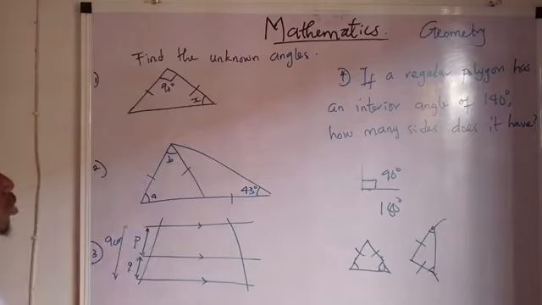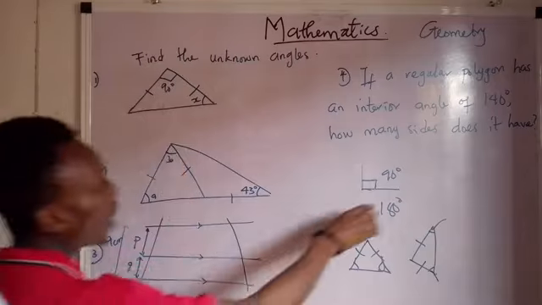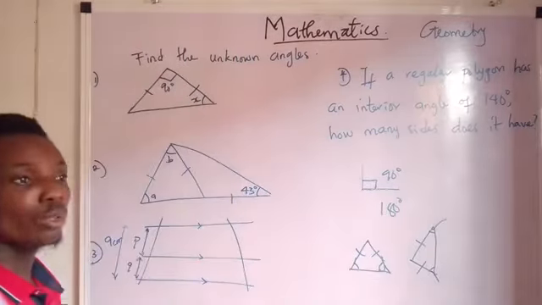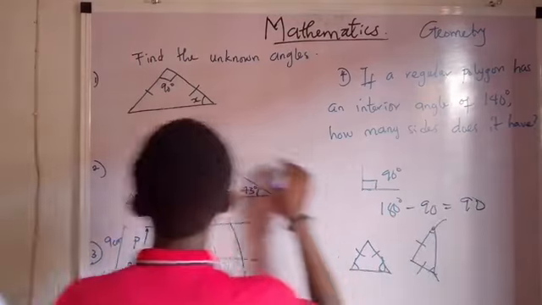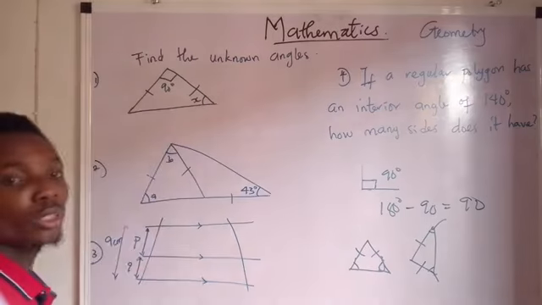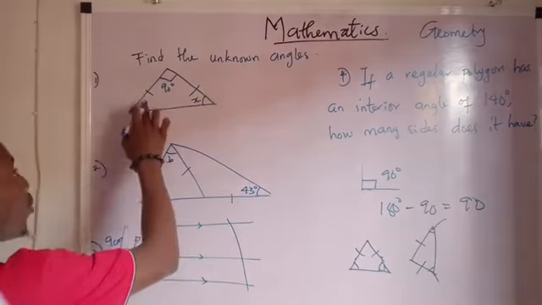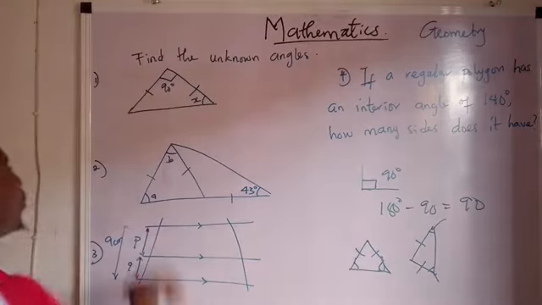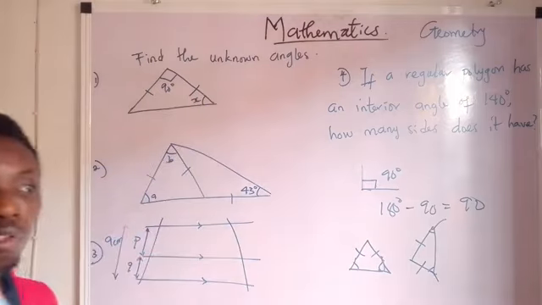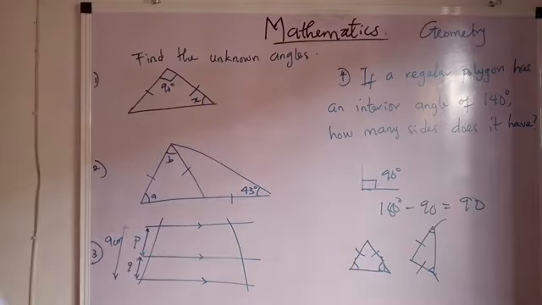are your base angles. And so if we deduct 90 from 180, since the sum of angles in a triangle should be 180, 180 minus 90 will give us 90. It means the sum of these two is equal to 90. And if both of them are base angles of an isosceles triangle, they are supposed to be equal.